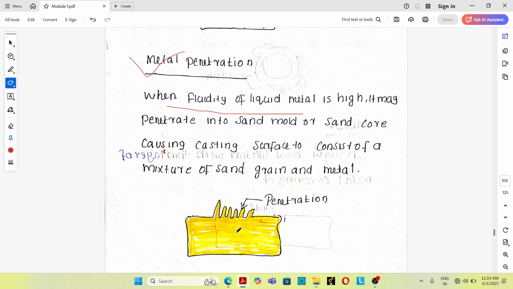If the fluidity and velocity of the liquid metal are very high, the liquid metal penetrates the gaps between the sand grains, and an irregular portion is produced over the casting surface. That is known as metal penetration.